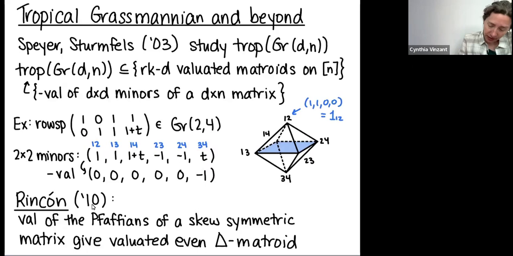And so that gives a matroid, and then the valuated matroid says, if you take the regular subdivision of this polytope induced by these heights, then each piece of the subdivision will also be a matroid polytope.